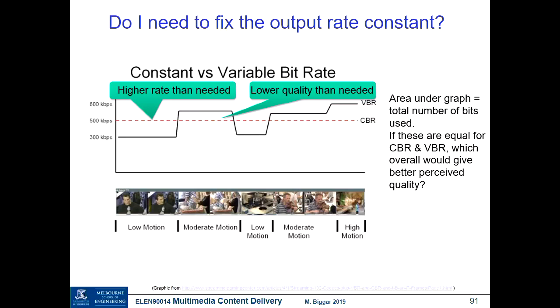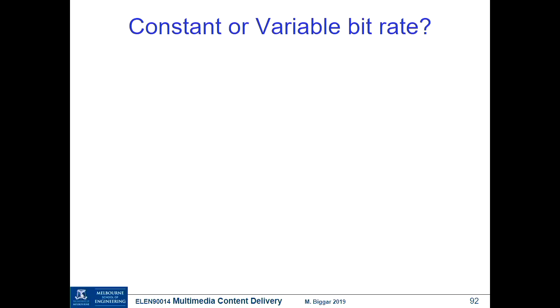In contrast here, we need this number of bits per second to maintain quality, but we're sending only the lower rate for CBR. So overall, we would expect that the CBR quality for the same number of bits would be a bit lower.